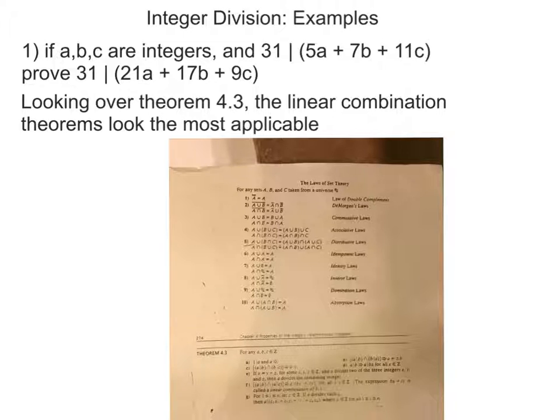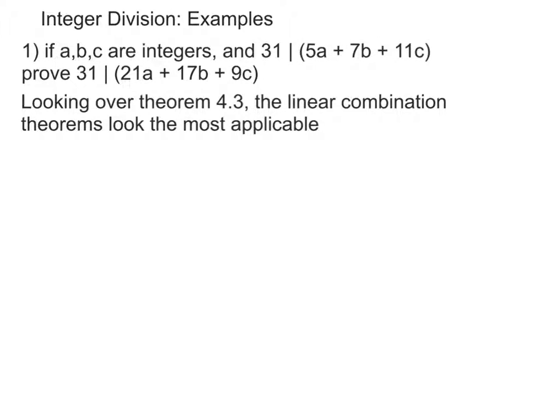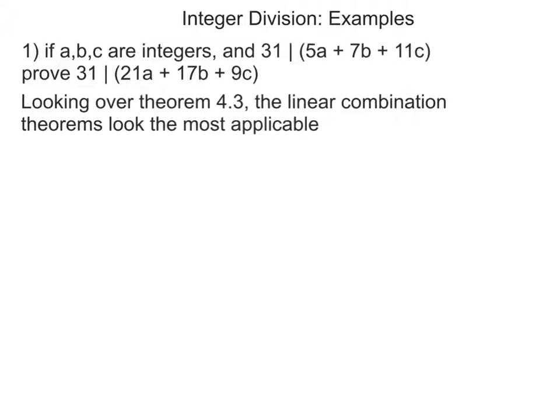If a divides each c sub i, then a will divide any linear combination of the c sub i. Essentially, the linear combination is c1 x1, where x1 is an integer, plus c2 x2, where x2 is an integer, etc., up to cn xn, where xn is an integer. So looking again at our problem, we have 31 divides this linear combination of a, b, and c, as well as this linear combination of a, b, and c.